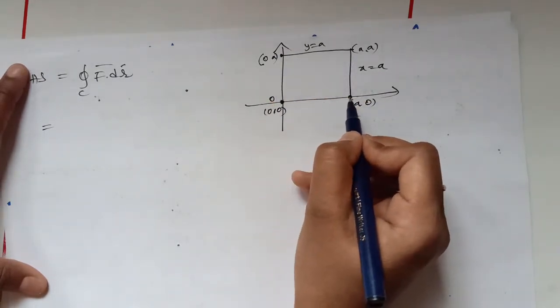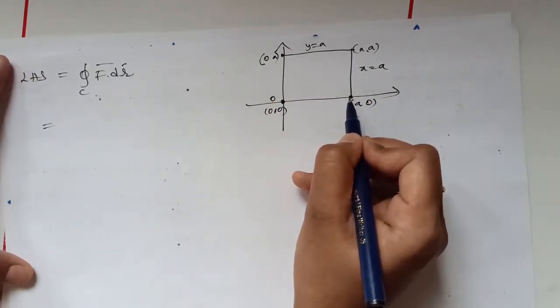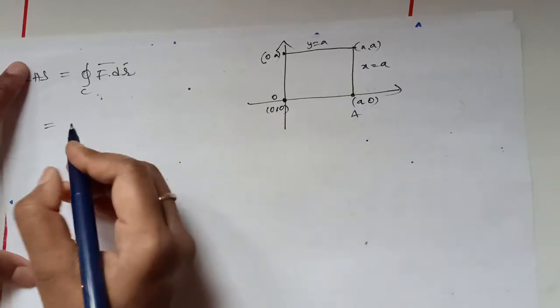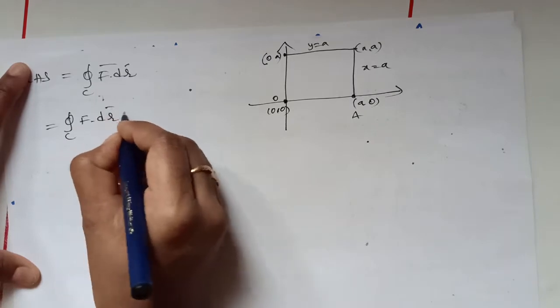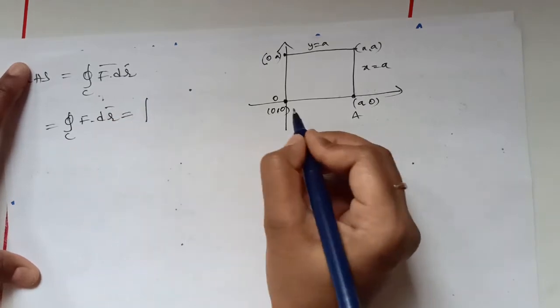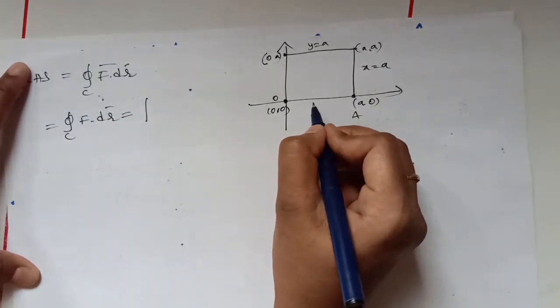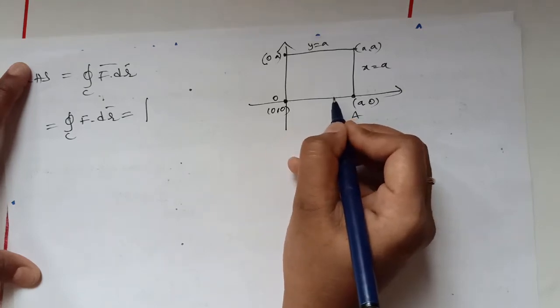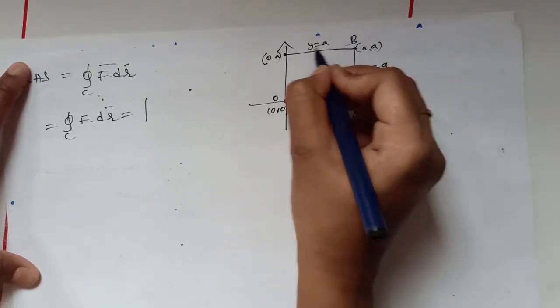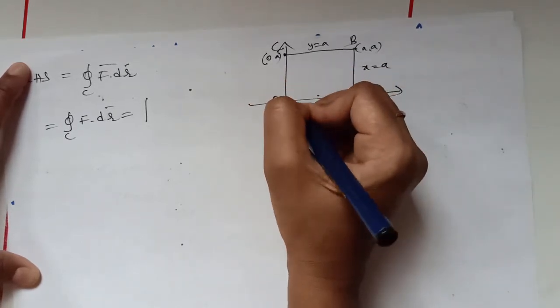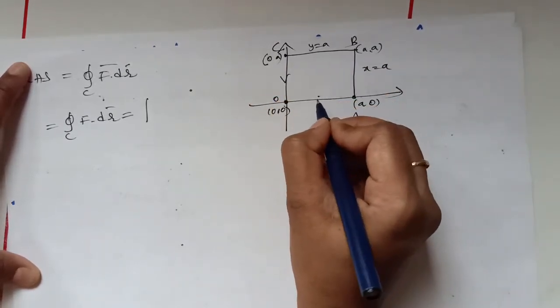Along each and every side you have to evaluate the integral value. Now integral c f dot dr becomes integral along OA, along AB, along BC, along CO. You have to integrate.